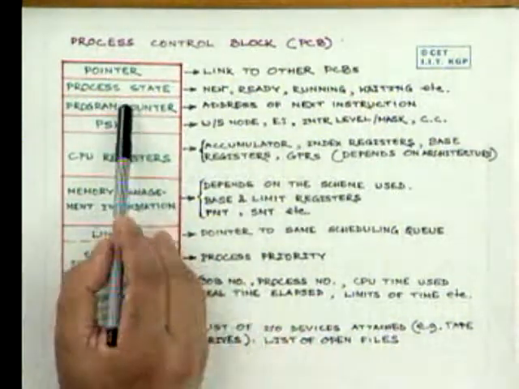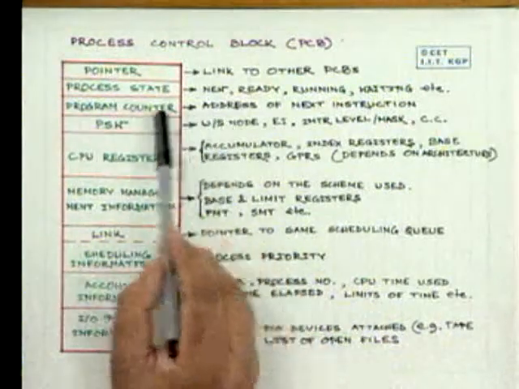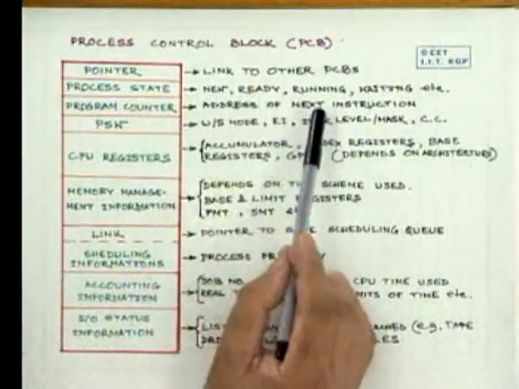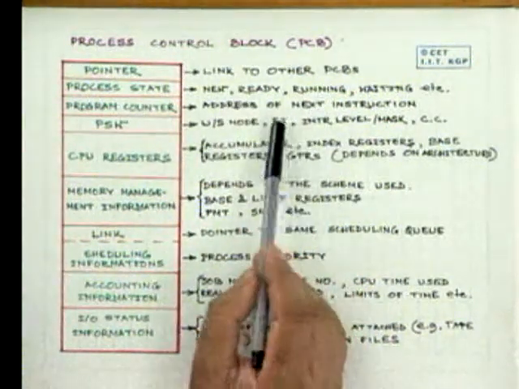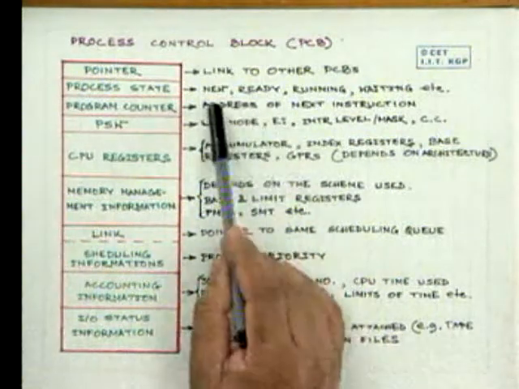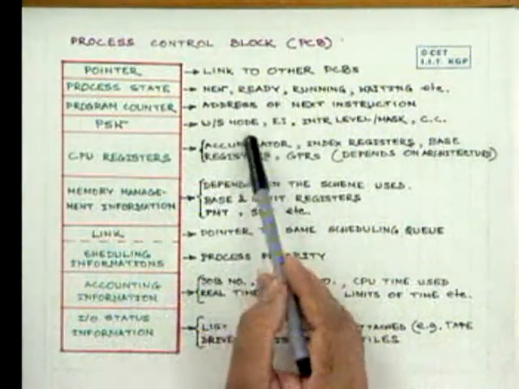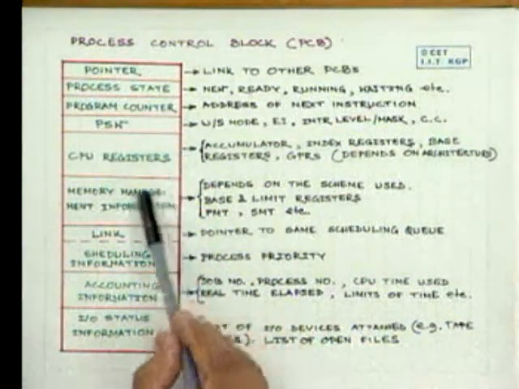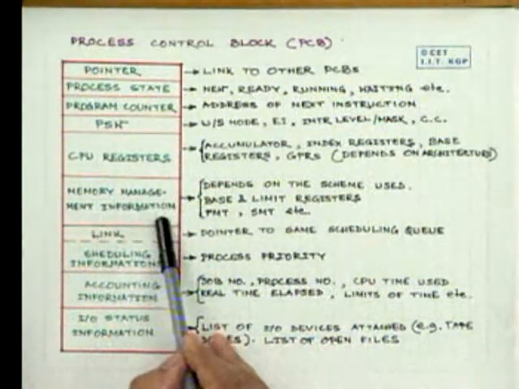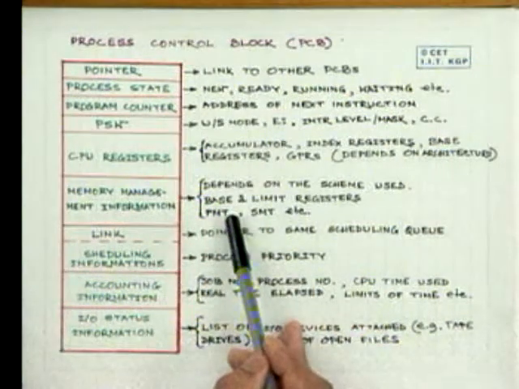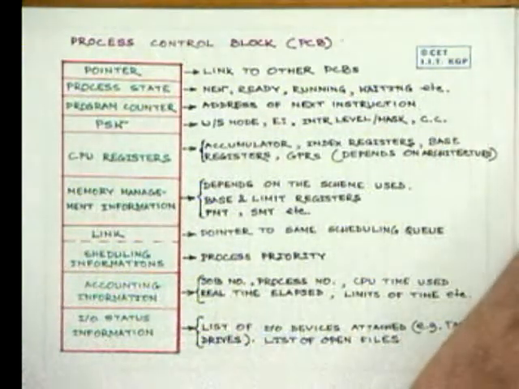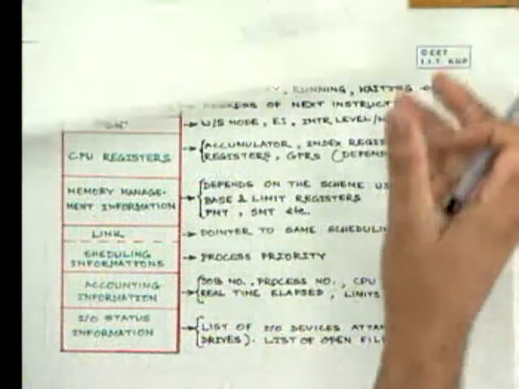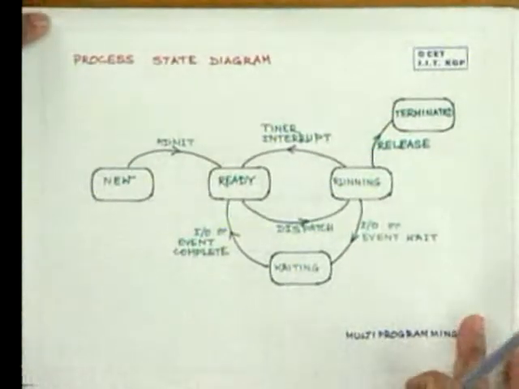If a particular process is executing, that means it's in the running state, then it has its own value of the program counter, the processor status word, the CPU registers, and the memory management information, in the hardware.